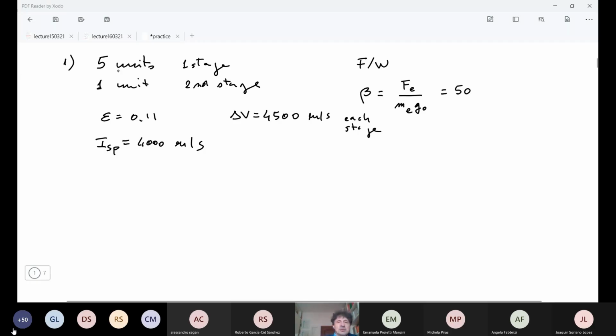With this data, we would like to compute lambda, the payload mass ratio, knowing that we have an initial thrust-to-weight ratio of 1.5.